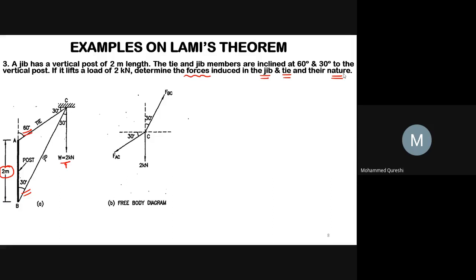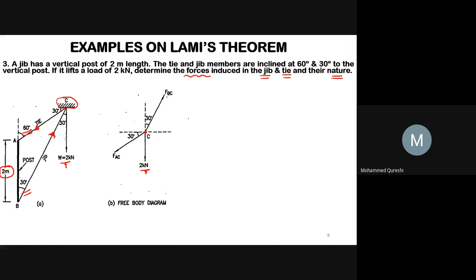First of all, we will draw the free body diagram for the given figure. So first of all, we will take point C, 2 kilonewton in downward direction, and as it is fixed over here, FBC will be in the upward direction and this will be in your downward direction.